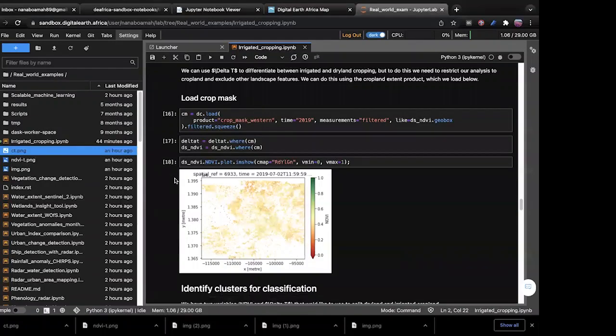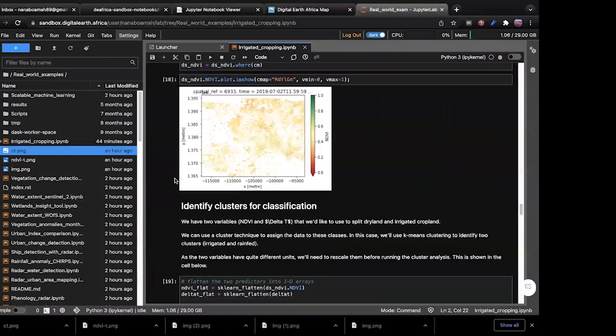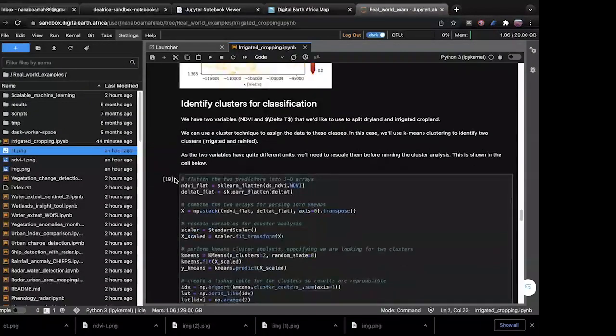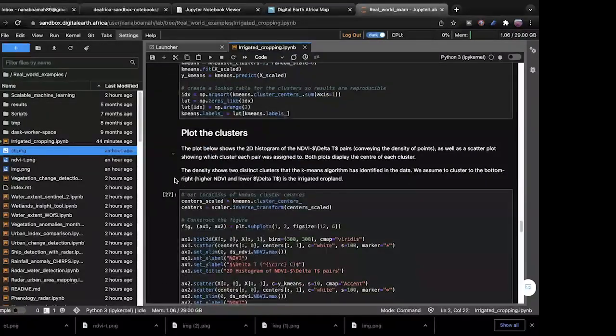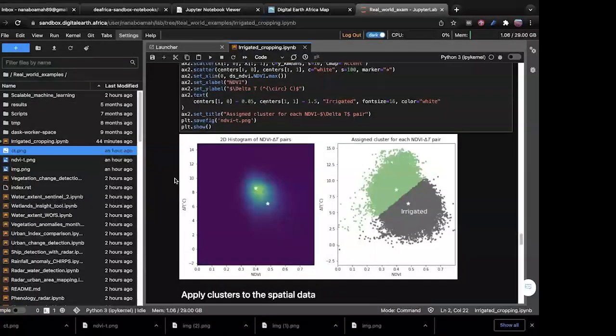So after identifying the NDVI of the area, we start the classification, whereby we work with both the delta T and the NDVI to help us know where the irrigation and the dry lands fall. As you can see, we have it showing at that section.